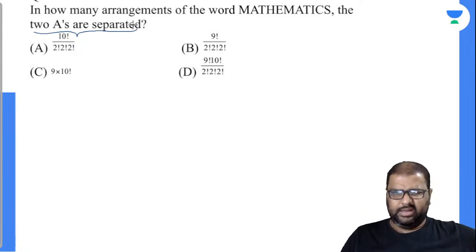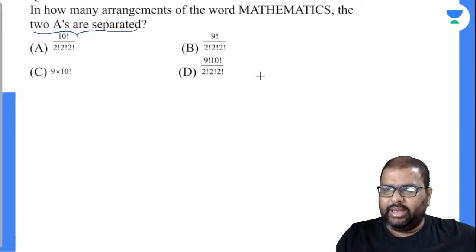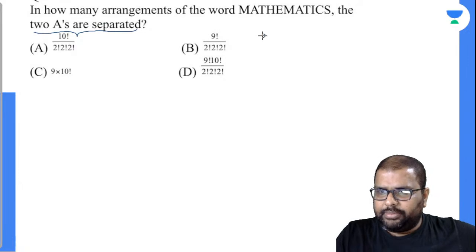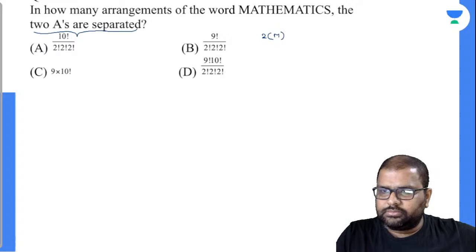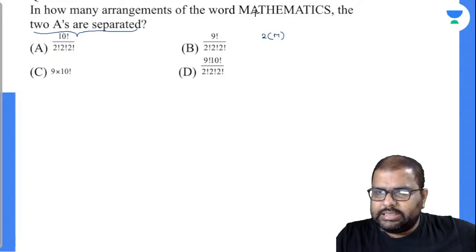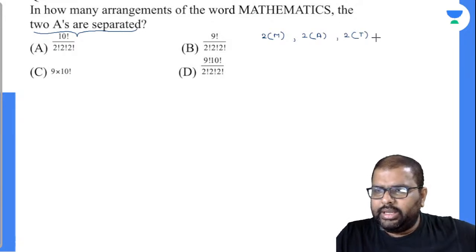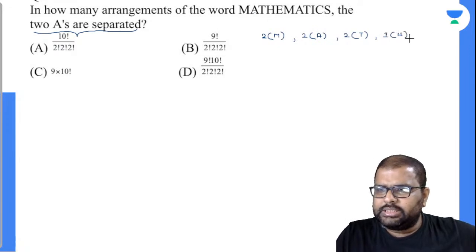I'll do it right. First of all, in mathematics, how many different types of alphabets are there? Let's check. 2 M. How many A's are there? 2 A. How many T's are there? 2 T's. How many H are there? 1 H. How many E's are there? 1.